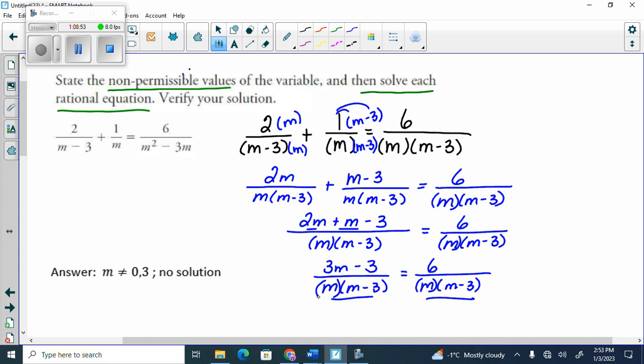So my non-permissible values are m can't equal 0. That one's done. m minus 3 can't equal 0, so m can't equal 3.